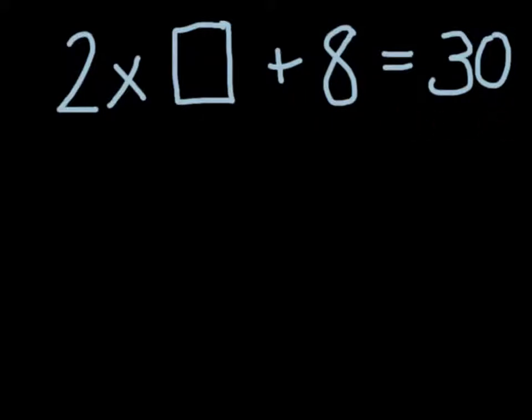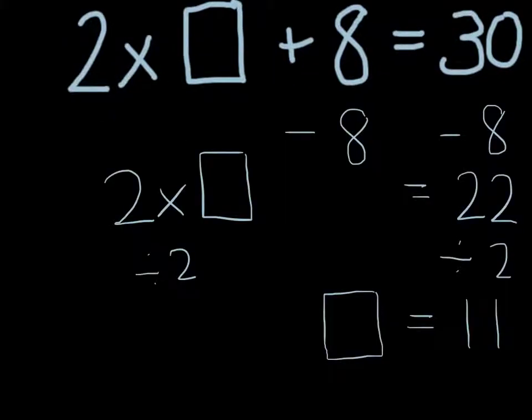The thinking for this equation is to balance it. How can we balance it? Well, first of all, we can remove the 8 by minusing it from this side and minusing it from this. This will leave us with 2 times unknown equals 22.